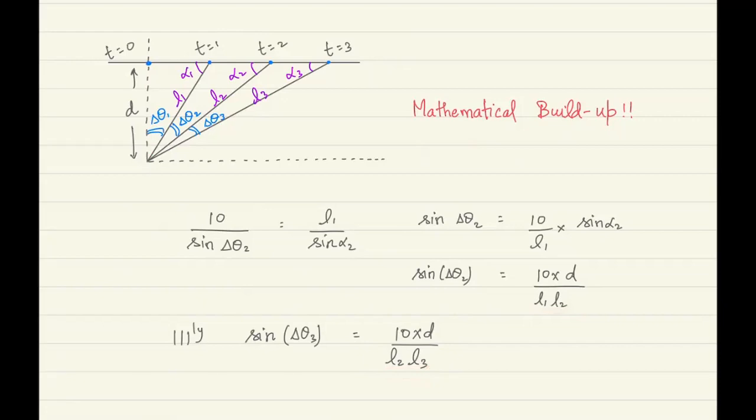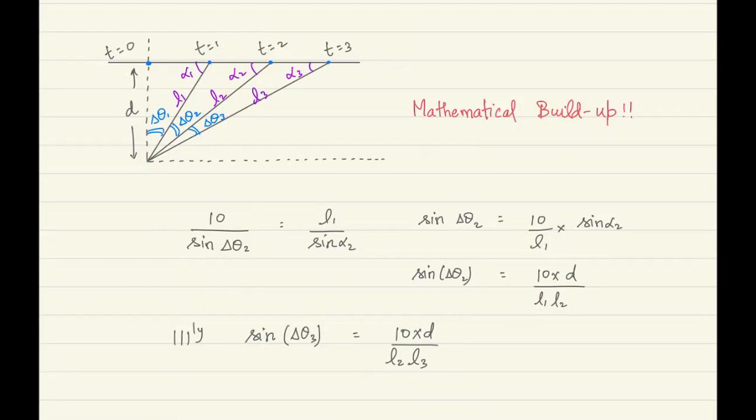That being the denominator, we can say that sine of delta theta 3 will be lesser than sine of delta theta 2. Likewise, we can extend this further and say sine of delta theta 4 will be 10 into d divided by L3 L4, and the denominator will be continuously increasing as the object moves away, and hence this delta theta should continuously fall as the object moves for every 1 second interval.